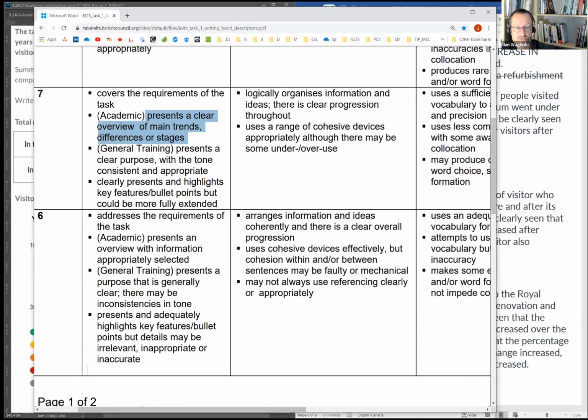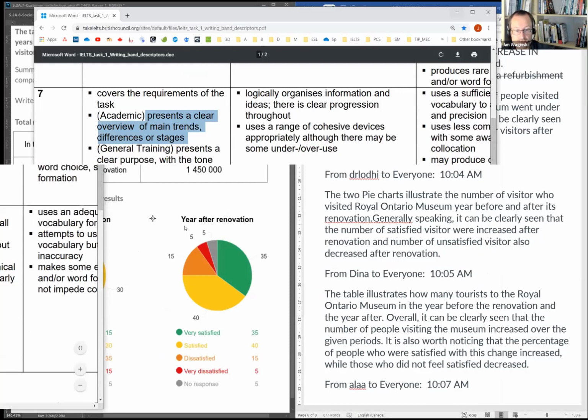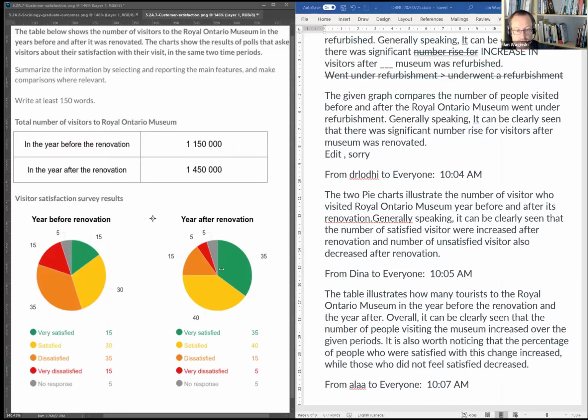Band 7 presents a clear overview of the main trends, differences, or stages. So this is mandatory that you give the main trends or differences or stages, and definitely the chart that's half the graph or even more than half the graph must be included.